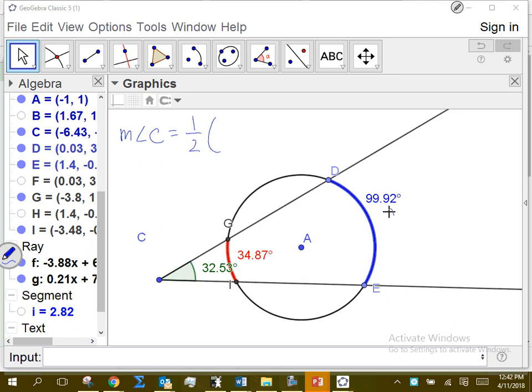Let's just call this X, and let's call this red one Y. Would it be equal to X minus Y times one half? Does that make sense? Or if you want to use the words blue and red, it's one half blue minus red. But no matter what, that green angle is going to be equal to half the difference of the arcs that that green angle is creating when it crosses through my circle.